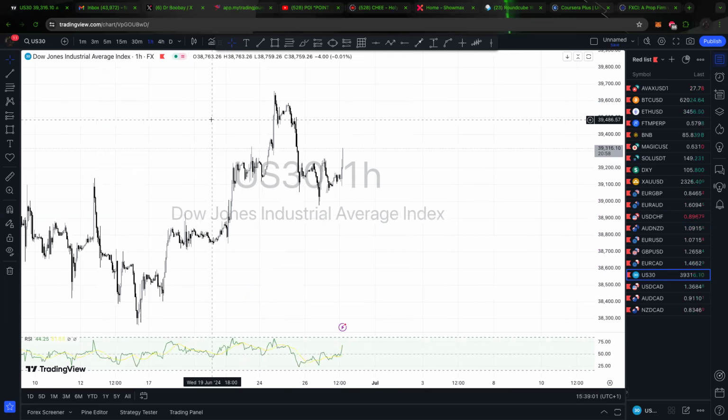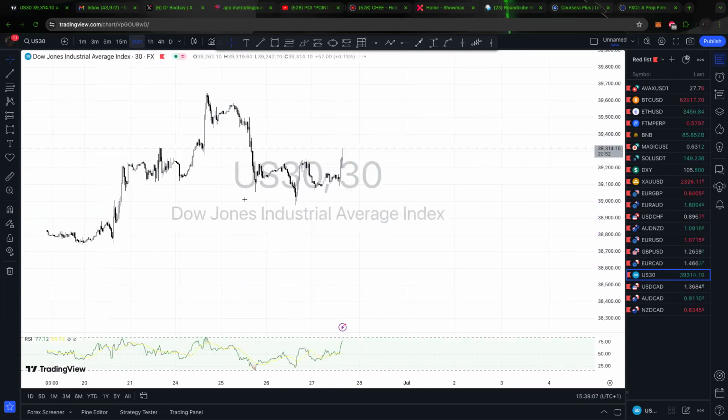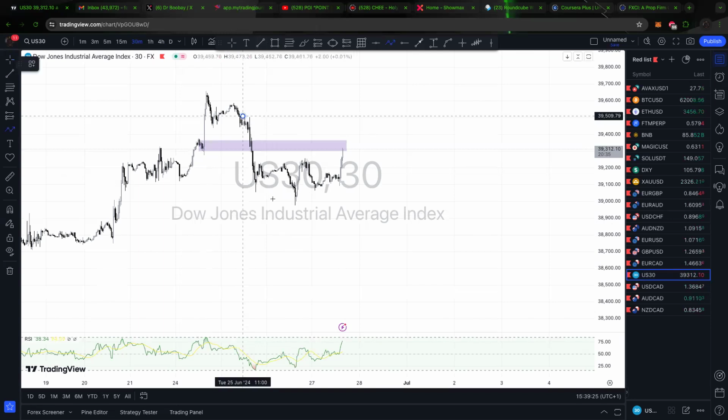And I'm taking this trade based on breaker block, not based on any other thing, just based on breaker block. So this is my trade here, based on this block here, a failed block here, right? This is a zone that failed here. So it's just like a break and test. I'm taking this trade based on break and test and then sell.